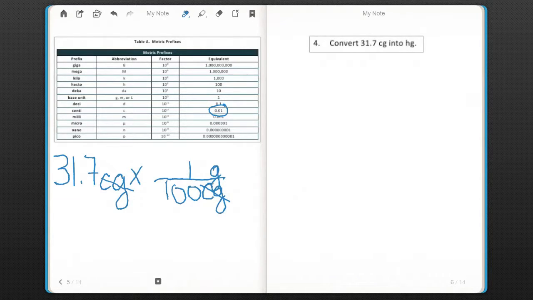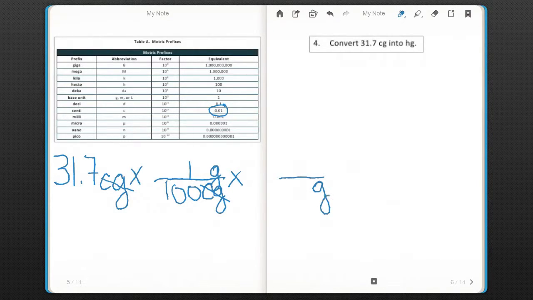As an intermediate step, we could multiply this out and get an answer in grams, and then set up a new problem to get it to hectograms. Or we can figure out what it would take to get it from grams into hectograms. So now I need to get rid of that grams unit, so I'll put grams in the bottom. I want it into hectograms, so I'll put hectograms on top.